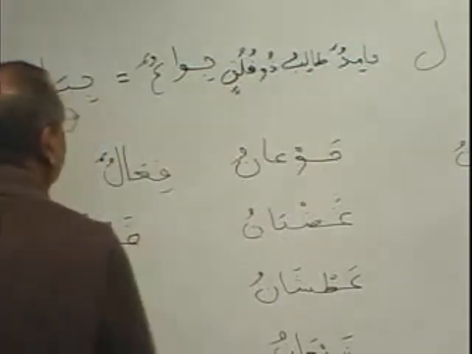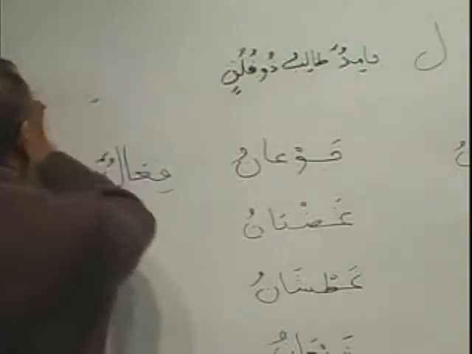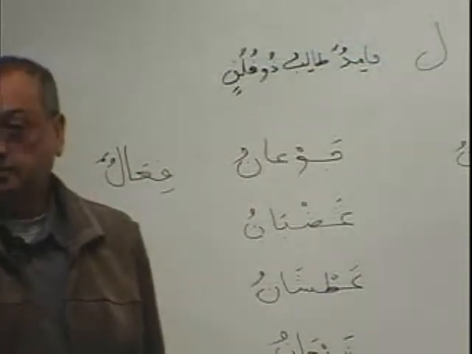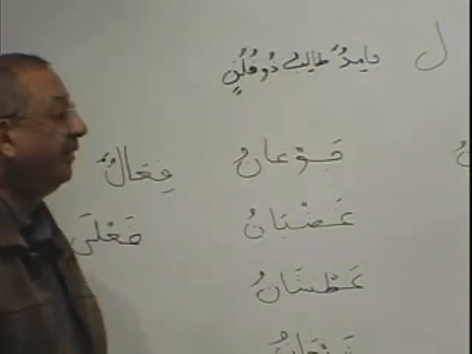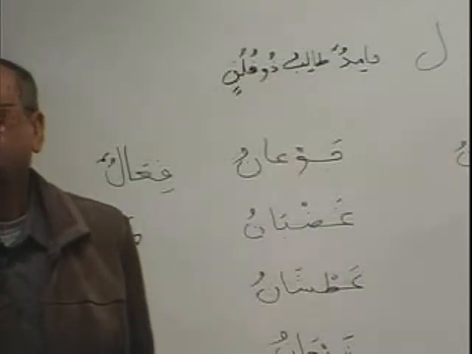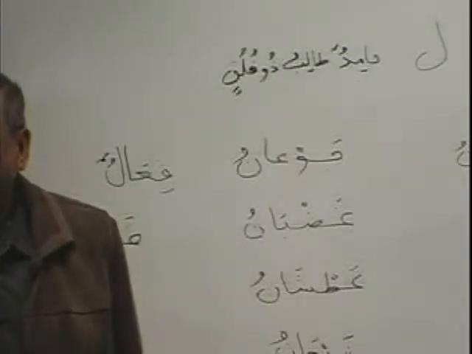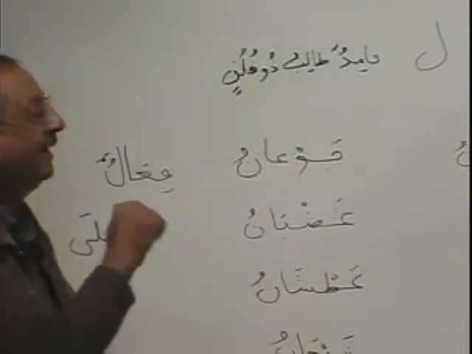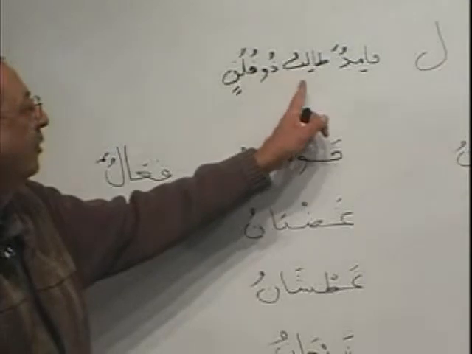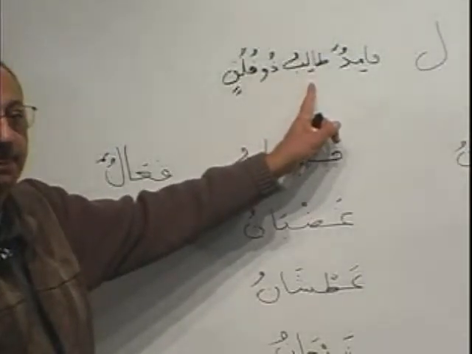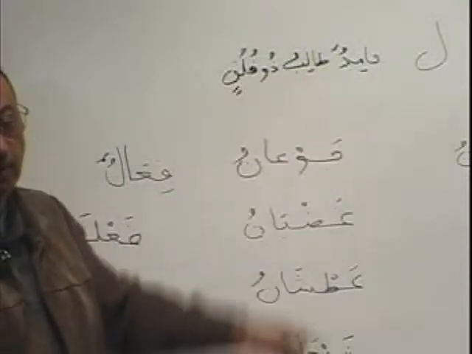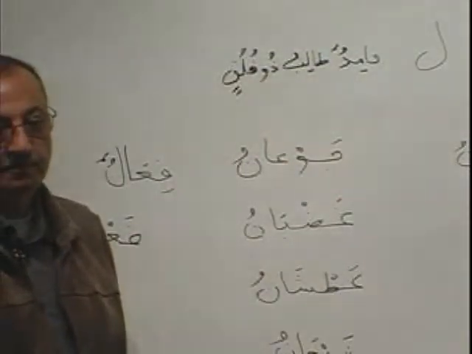Are you with me, brothers and sisters? What is Hamid? Mubtada. Where is the khabar? And what is zu doing here? It is a naat, wa huwa mudaf. And then khulukin mudaf ilayhi. So here zu is coming as a naat for talibun.